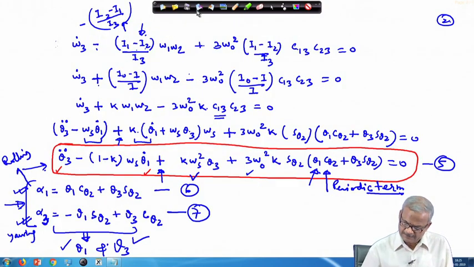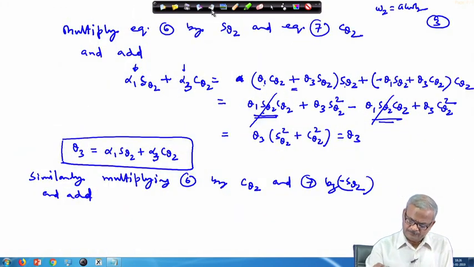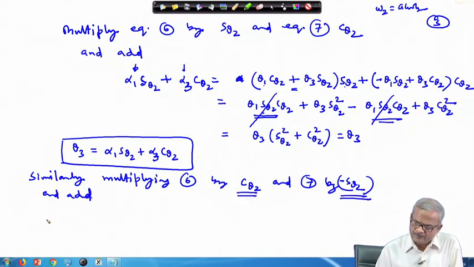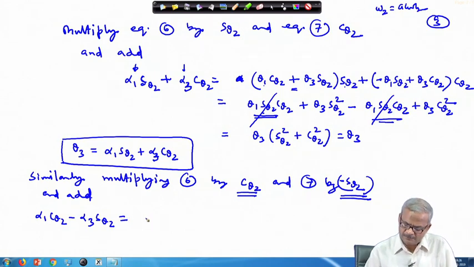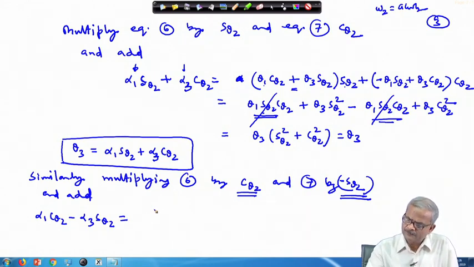So, these two equations, 6 and 7, we are multiplying one by c theta 2 and the other by minus s theta 2 and adding. So, in that case, this will be alpha 1 times c theta 2 minus alpha 3 times s theta 2. This will be equal to, now alpha 1 we have to pick up. So, alpha 1 is already available here in this place.